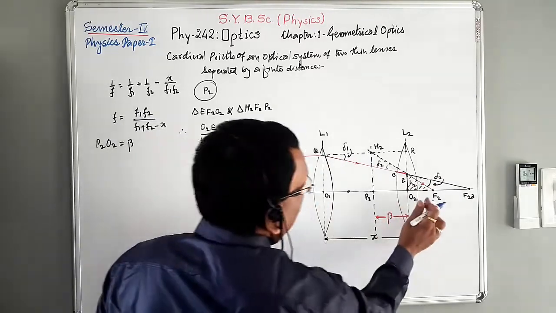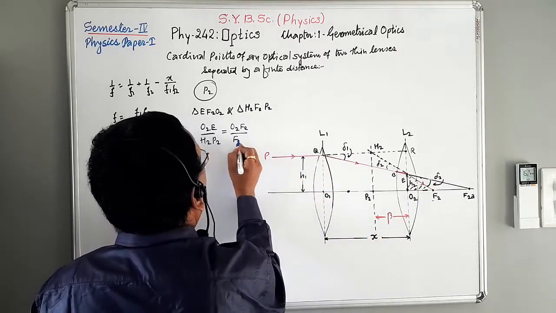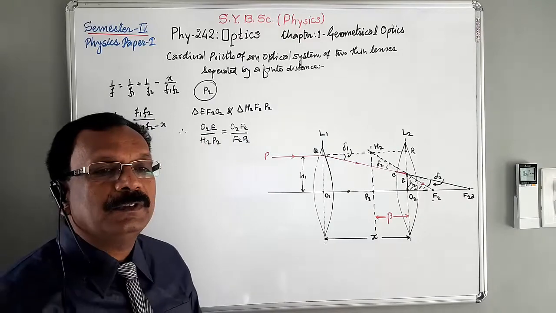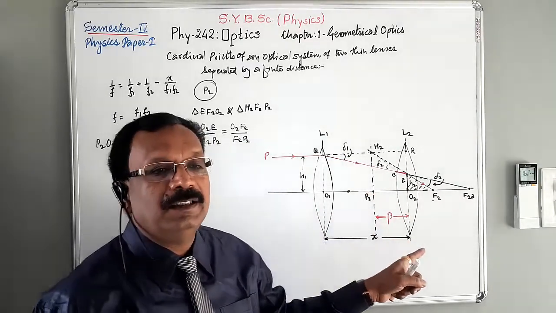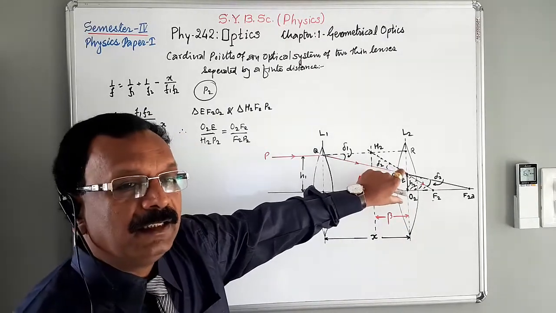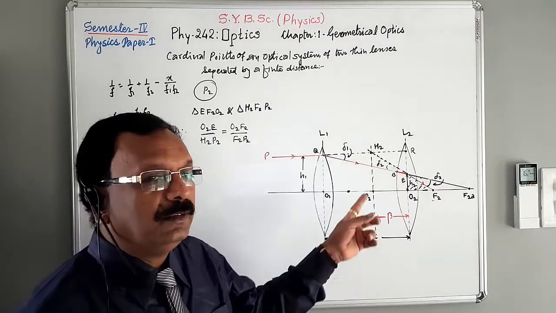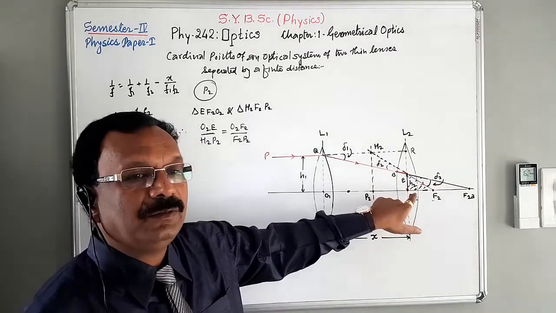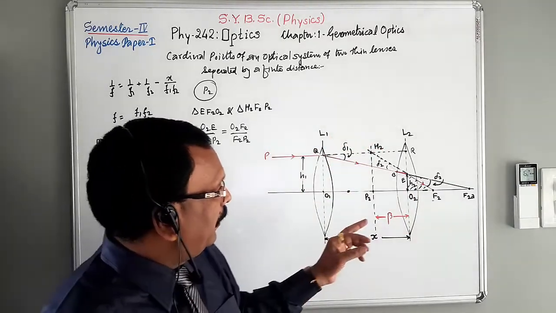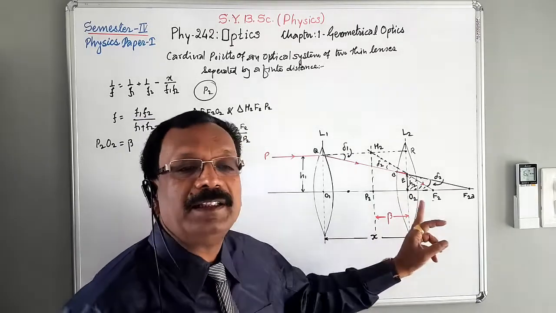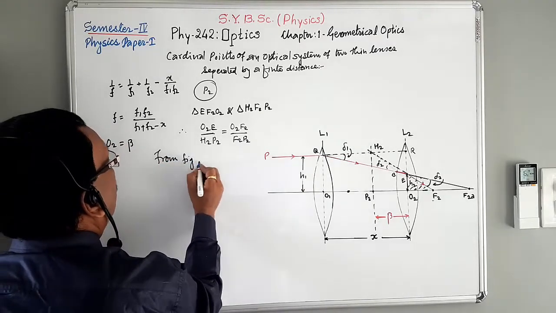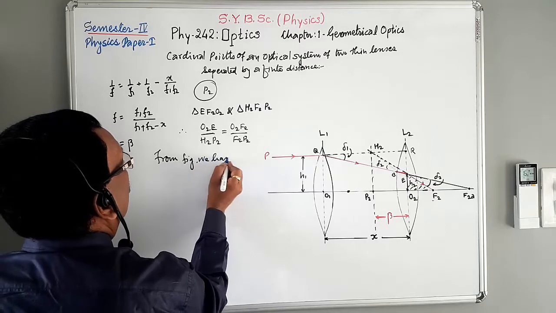Now from this figure, it is clear that O2E is equal to H2O2, H2P2 is nothing but H1, and P2F2 is the focal length F. Therefore, from this figure, we have what?